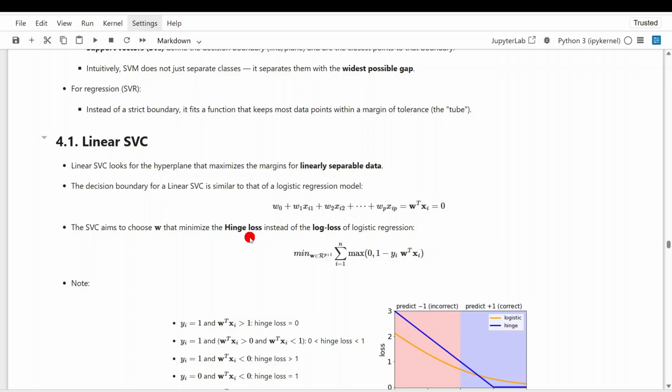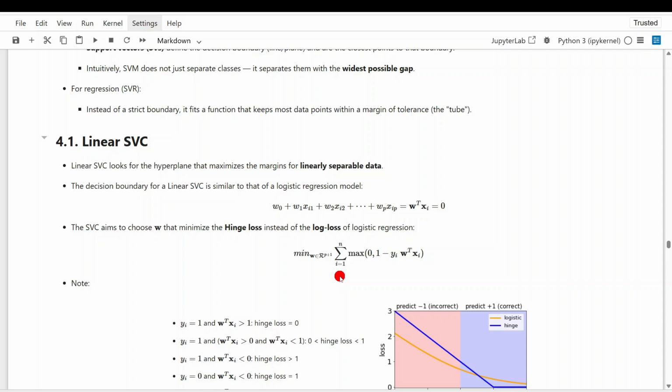In the case of logistic regression, there is a log loss, or what we call cross entropy loss, but in the case of support vector classifier, the aim is to minimize the hinge loss. And this hinge loss can be written in this form, just the sum of the maximum of 0 or 1 minus yi times W transpose xi for all i running from observation 1 up to observation n.